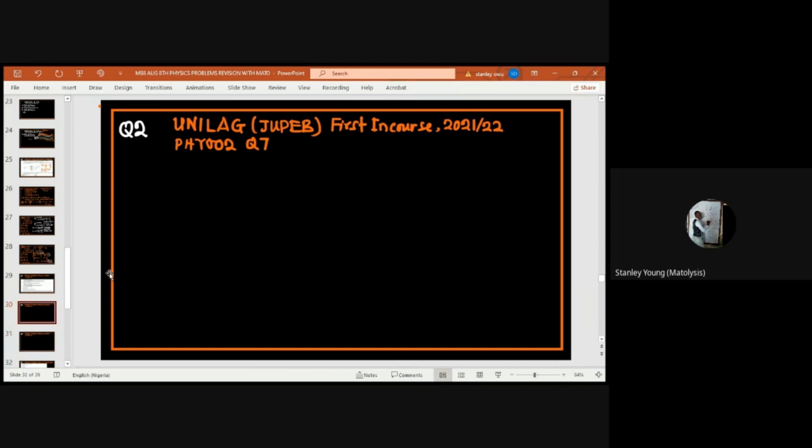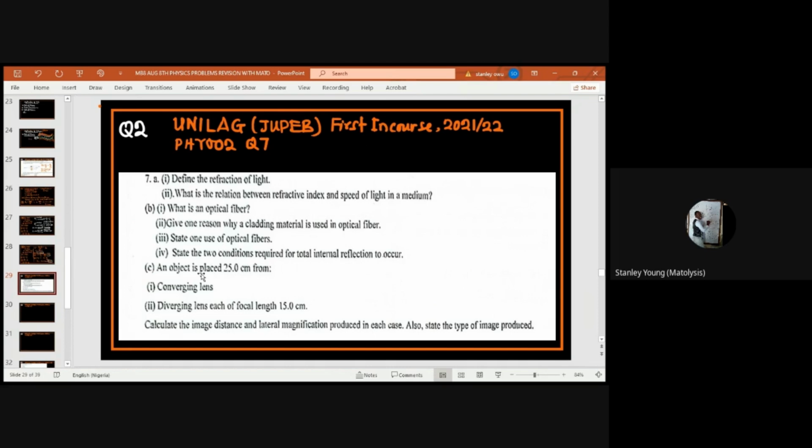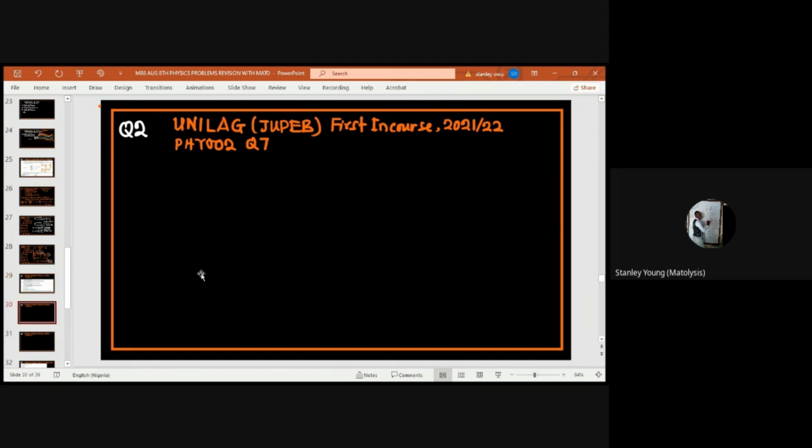Or you can say it is the bending of a wave when it moves from one medium to another medium. You get that? And these two media have different what? Optical densities.